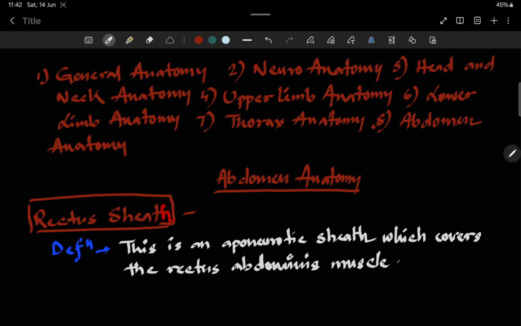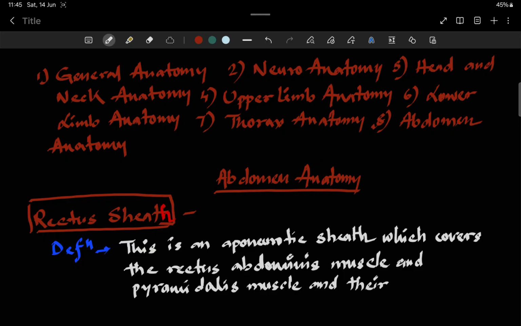Okay, it is the aponeurotic sheath which covers the rectus abdominis muscle and pyramidalis muscle, along with their nerve and vessels.